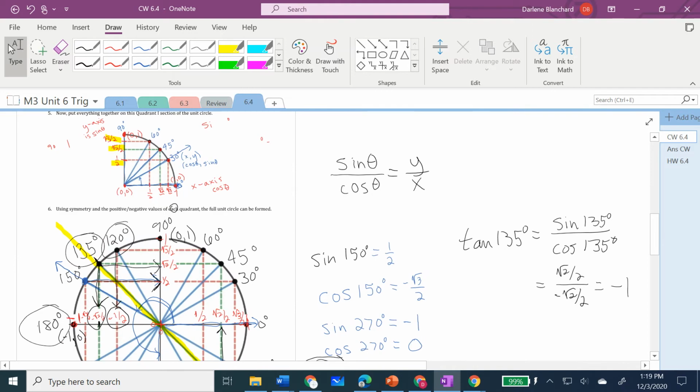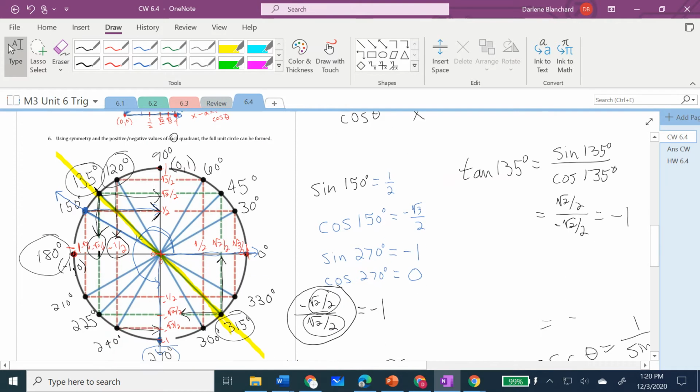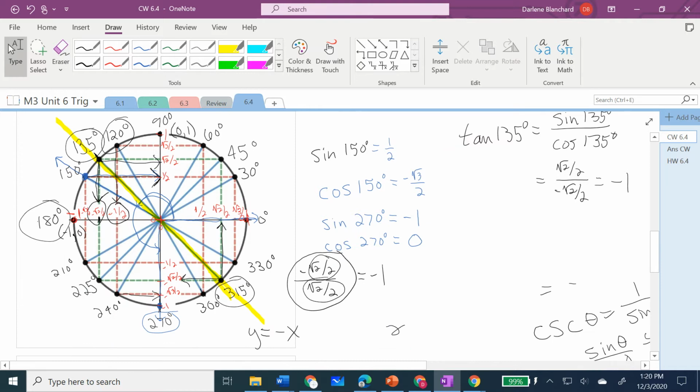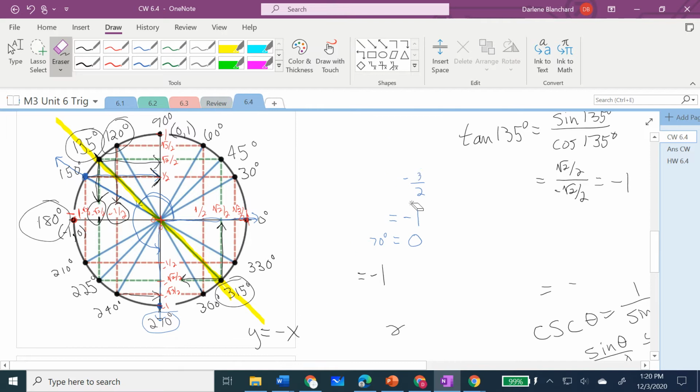And what is slope? What is slope? Somebody tell me. Either mic on or say something in chat. Rise over run.